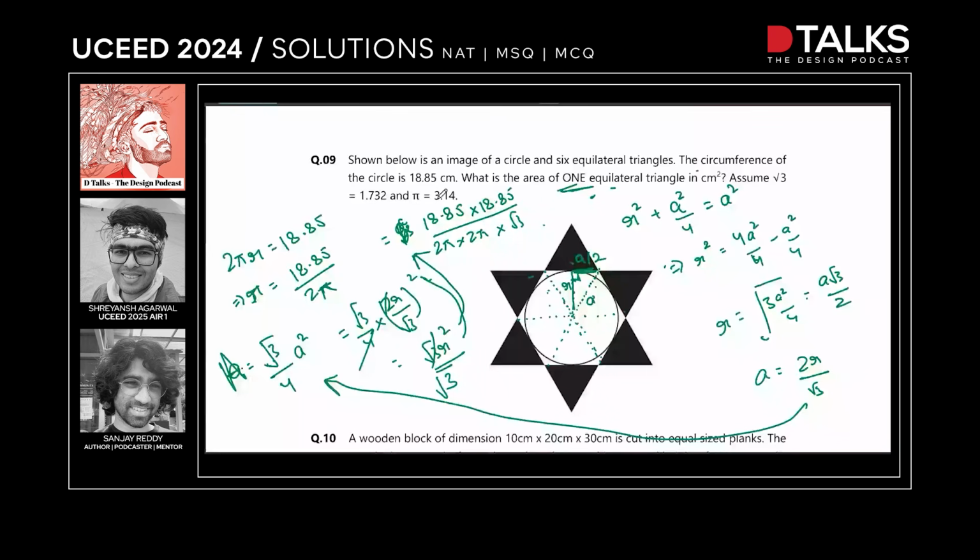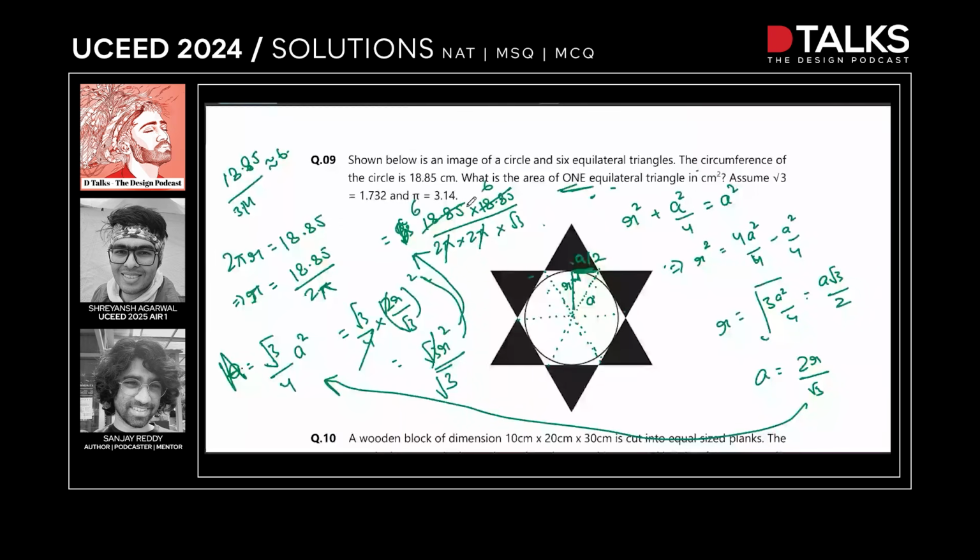And pi is equal to 3.14, which if you calculate, 18.85 divided by 3.14 is basically 6. It's 6.01 something, so it's basically 6. You can assume that much in UCEED. So that means you can cut both pi with the top part.